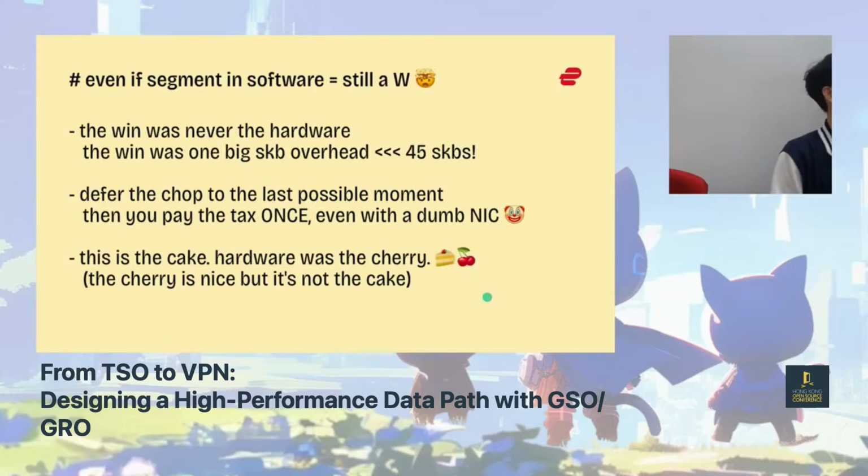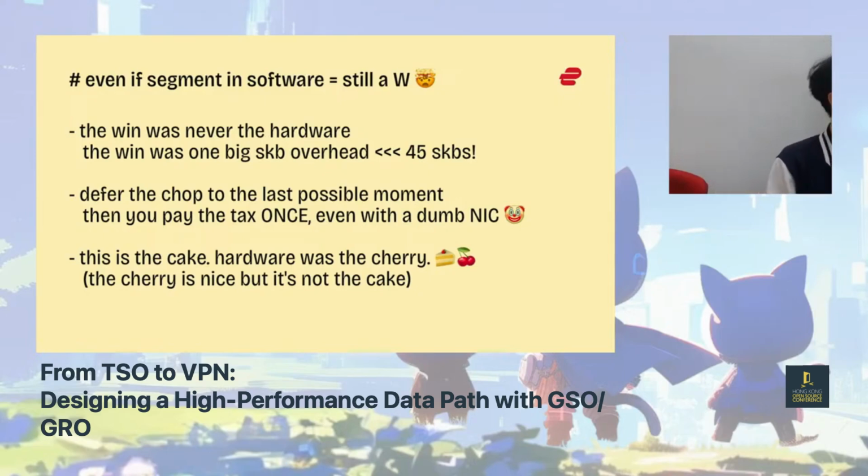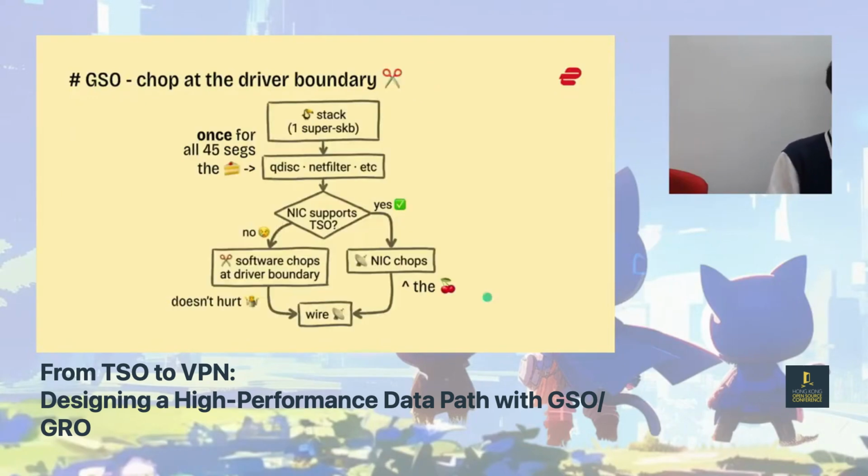So you are telling me that even without the hardware, I can segment all the packets in software and keep the benefits, and the hardware segmentation part is just a cherry on top? Wait, this sounds like a great use for a VPN. This is the cake we are going for, and we can still pull a W on this. This is basically what GSO does.